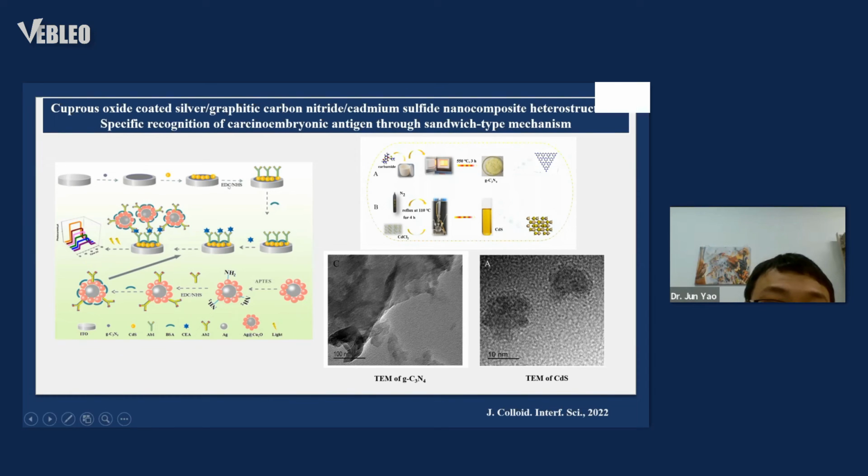We use EDC NHS to anchor the antibody 1 through gold-sulfur bond, and then the CEA was added into this system.